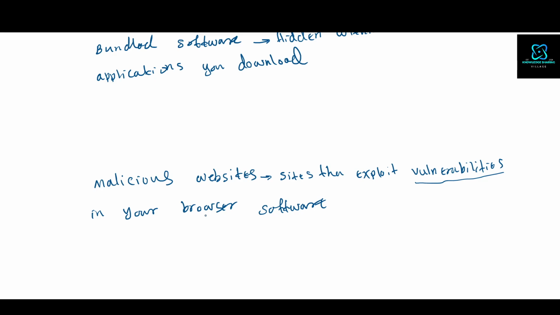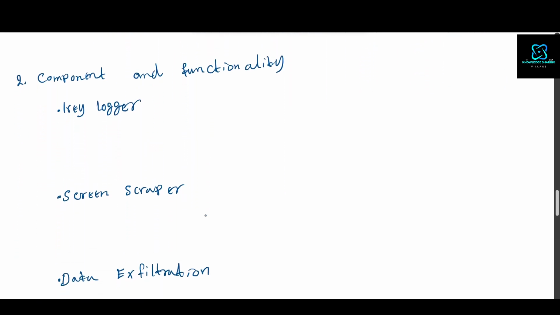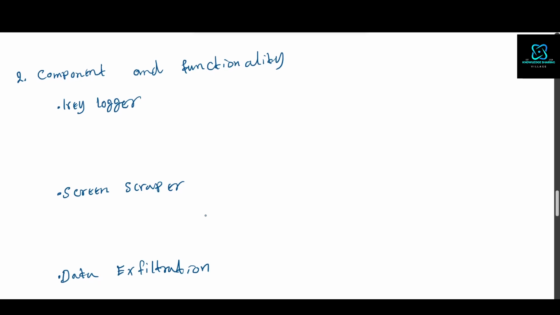The second category we are going to talk about is component and their functionality. Here are some key components that spyware may have. If you know other components, you can put them in the comment area. I will be very thankful for that. So here we are going to learn from each other and share the knowledge that we have.